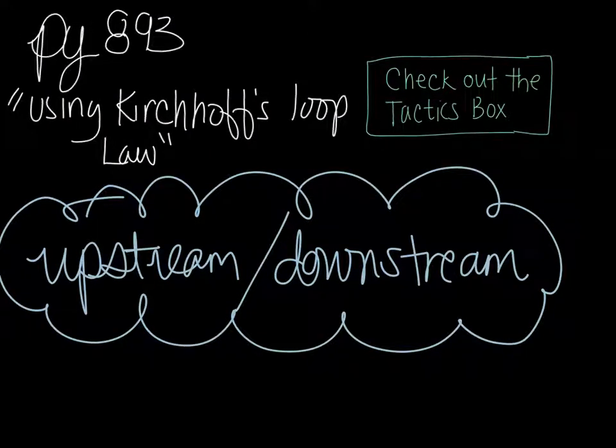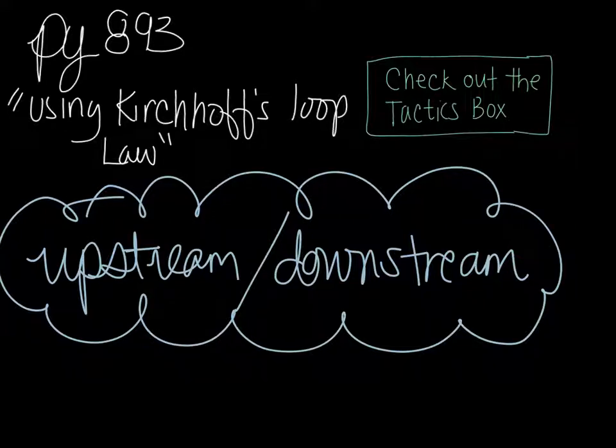So using Kirchhoff's loop law, we talk about how the current flows through different elements and what happens to the potential difference as the current is going through these elements. If you look at the tactics box on page 893, you're going to see how they explain the decrease in potential or increase in potential depending on the direction of the current.